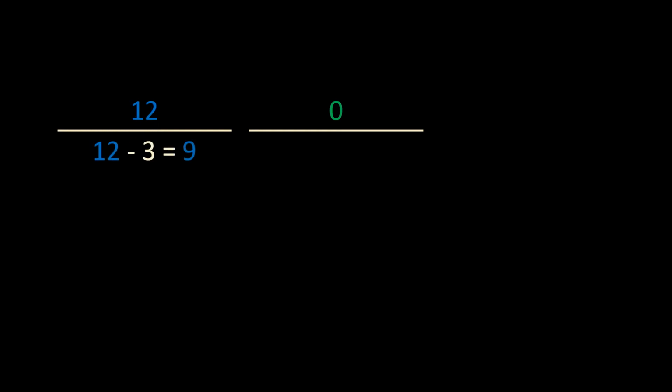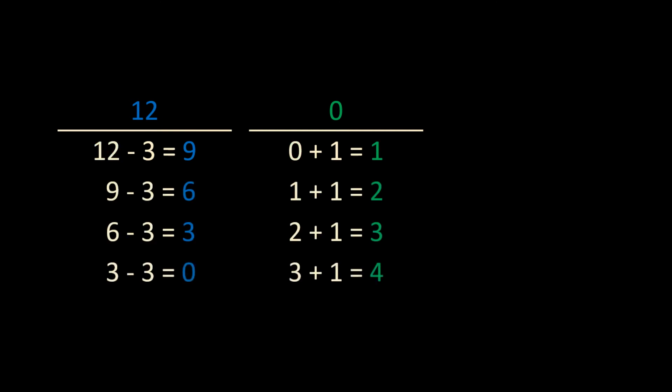So basically, we start subtracting from the number and adding to the count. Each time we subtract a 3 from 12, we add 1 to the count. In this case, we can subtract 3 4 times from 12, and therefore 12 divided by 3 equals 4.